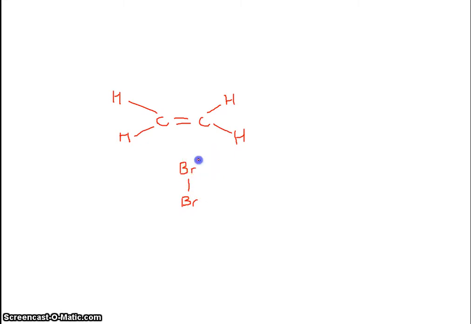So as this molecule approaches, this bromine ends up with a delta plus and this ends up with a delta minus, until we reach a stage where the electrons in the pi bond will attach themselves to the bromine, and this bond will break heterolytically, hetero meaning different because one is receiving 2 electrons and one is receiving none.